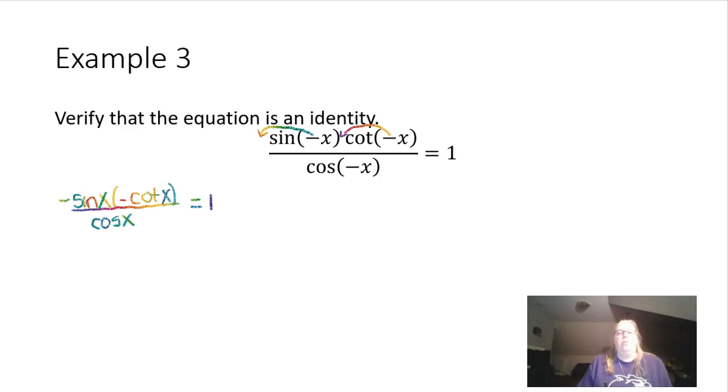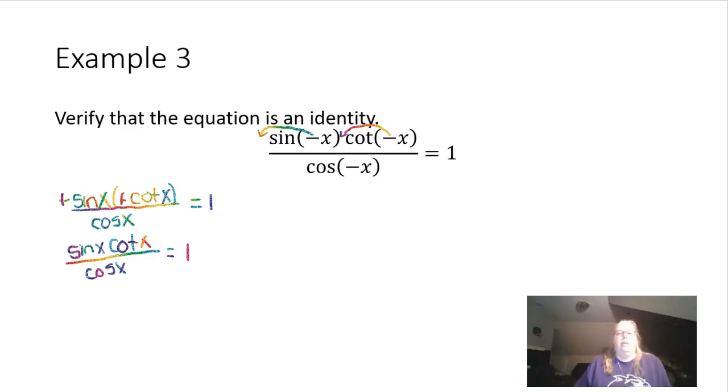Okay, in the numerator, a negative times a negative here is going to give me a positive. That leaves me with the sine of x times the cotangent of x divided by the cosine of x, and this is still equal to 1.